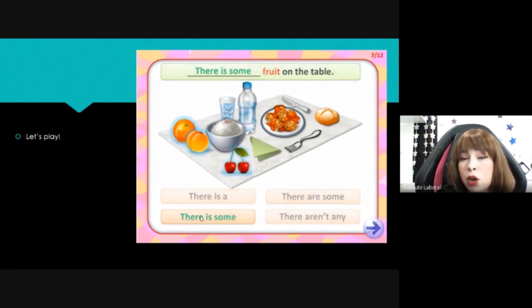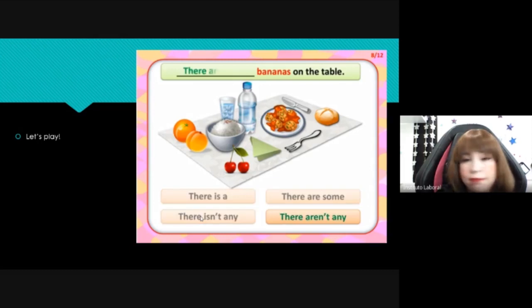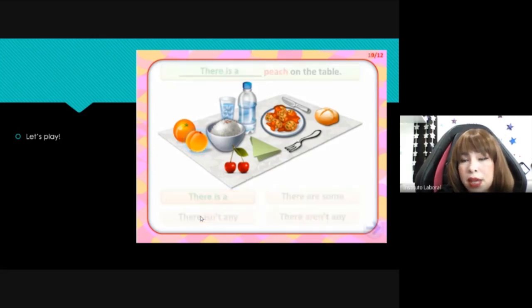There is some fruit. Fruit is uncountable. Bananas. There aren't any bananas on the table. Peach. Singular. There is a peach on the table.